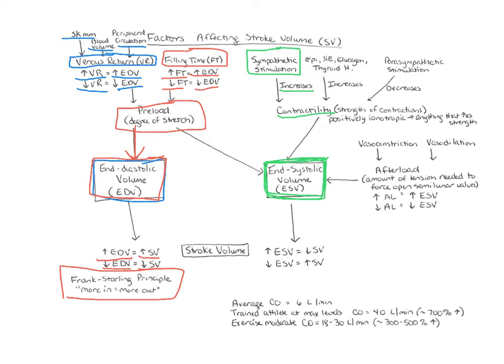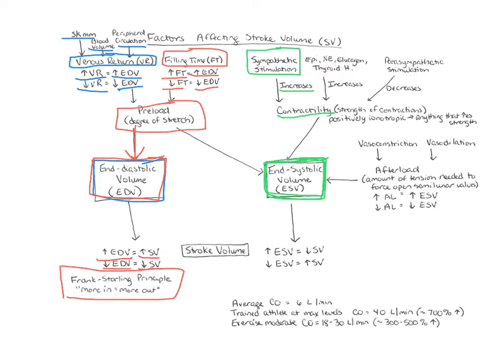Let's look at it this way. If the ventricles contract really strongly, are you going to have a large or a small end systolic volume? Smaller, right? Because you've pushed more out, so there's less left.